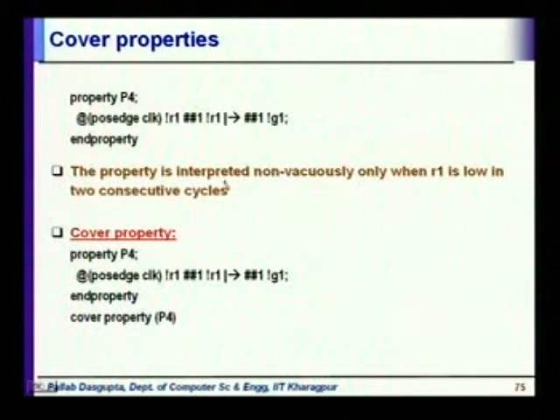Now, this property is interpreted non-vacuously when R1 is low in 2 consecutive cycles. In all other runs, the property becomes vacuously true. So, just like we defined assume properties, we can write it as a cover property.